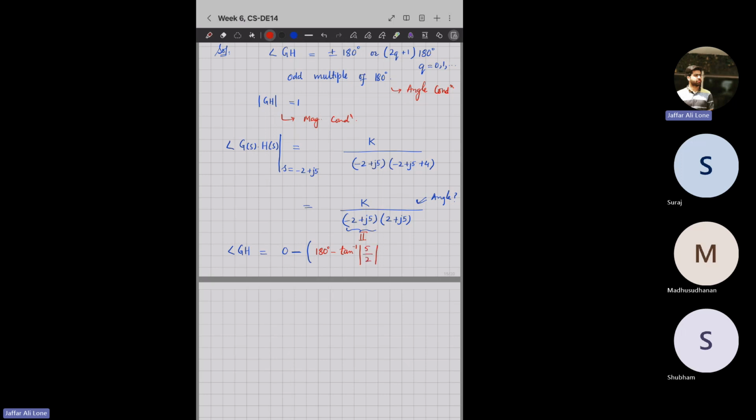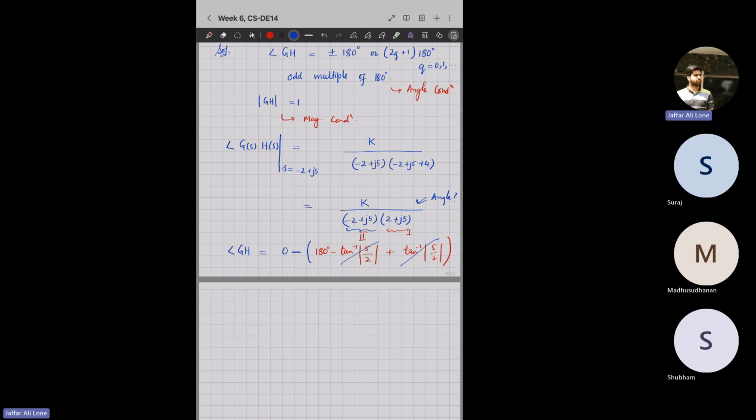No need to take the sign into consideration, as it is already taken into consideration in this 180. Then, since these are in multiplication, the angles will be added. So plus, this is in the first quadrant, so the angle will be tan inverse of 5 by 2.